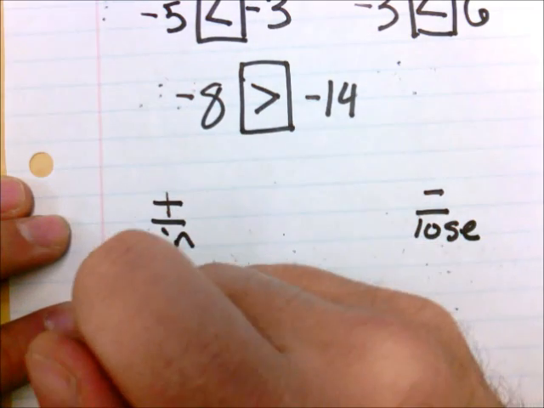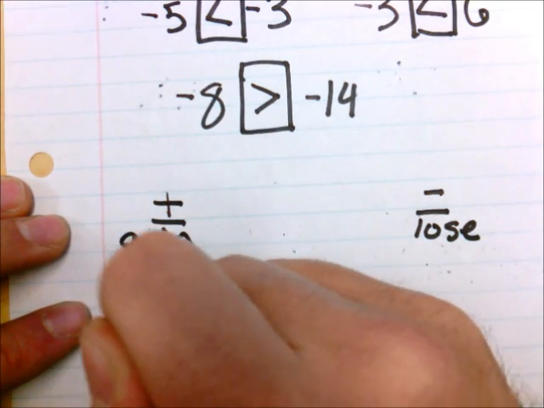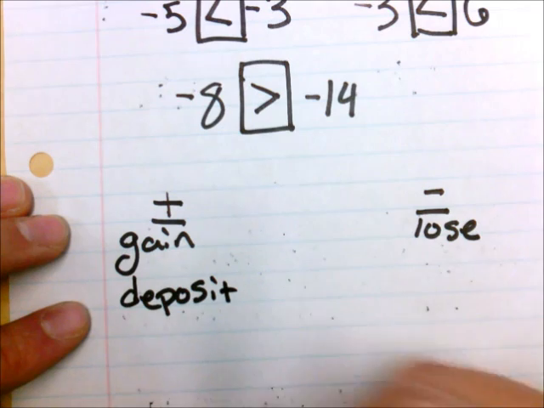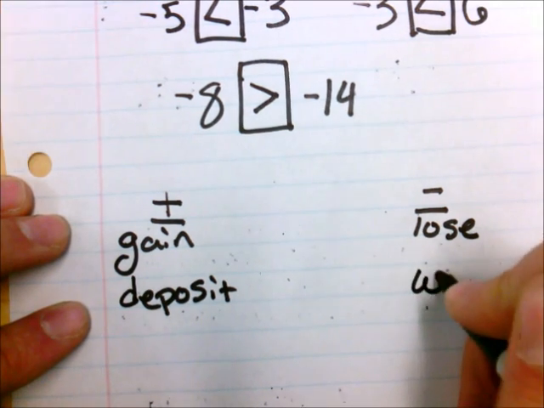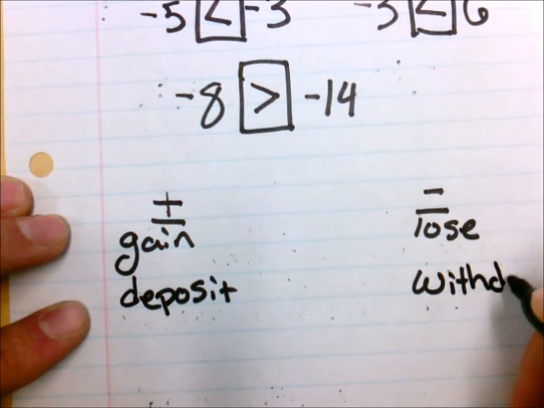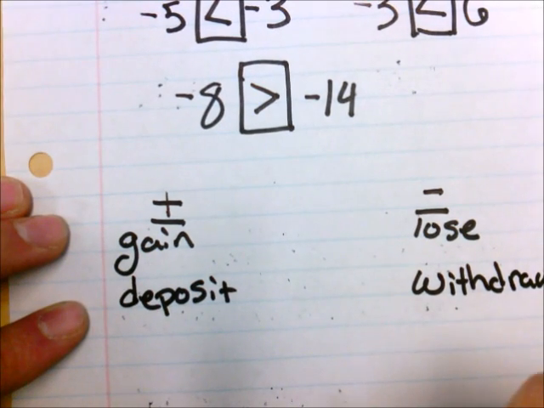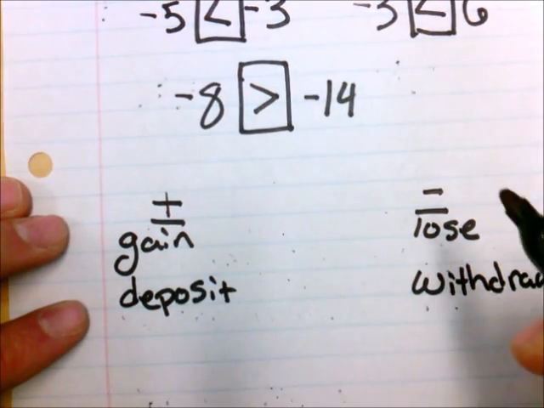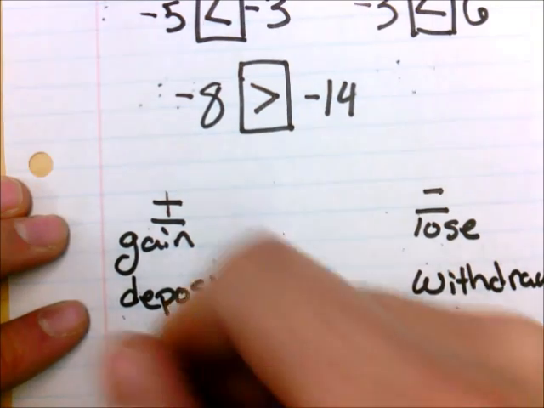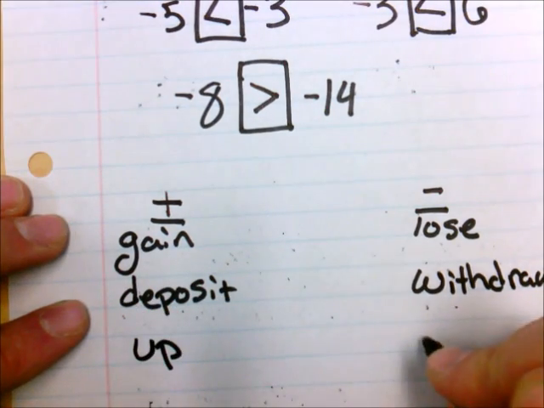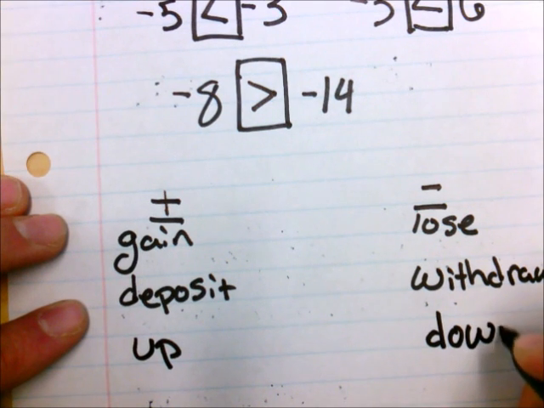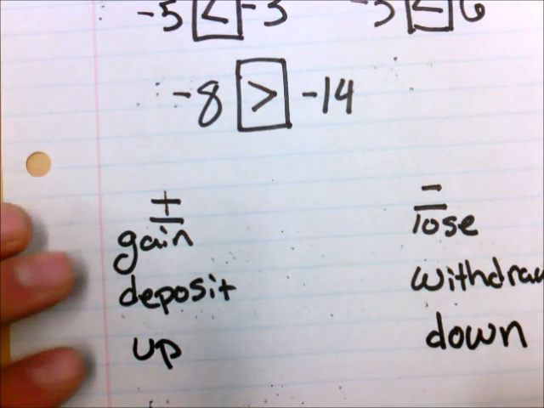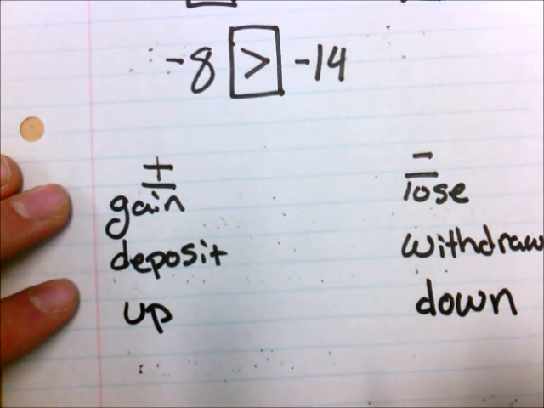If I deposit, if I'm talking about a bank, that's a positive. If I withdraw, that's a negative. Let's see, we have gain, we have deposit, we have lose, we have withdraw. If I go up, it's a positive. Down, it's a negative.